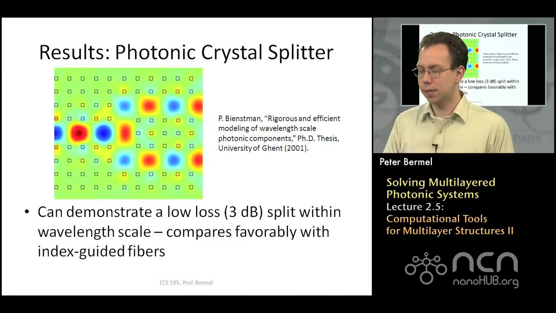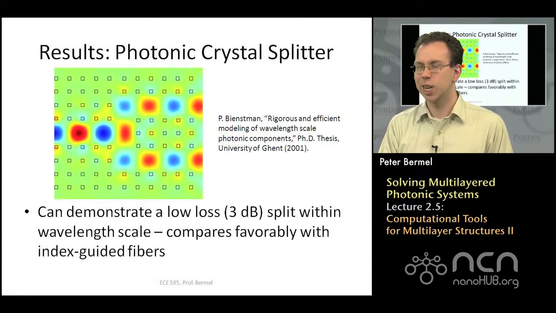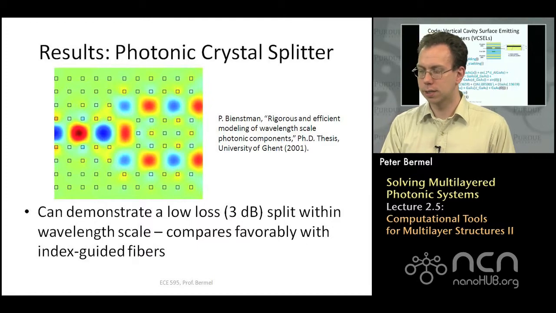Of course, you have to have at least 3 dB loss essentially in each branch because of energy conservation. But what's nice about it is it happens in very short distance, on the order of a wavelength or less, which compares very favorably with much larger index-guided waveguides.